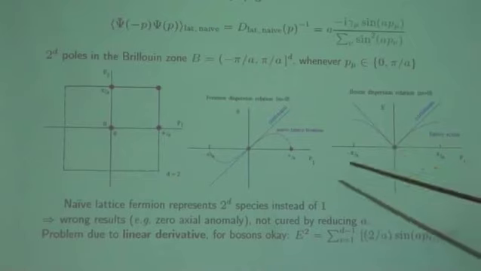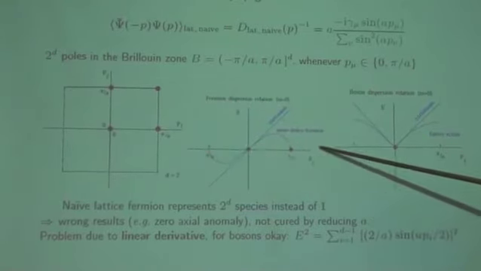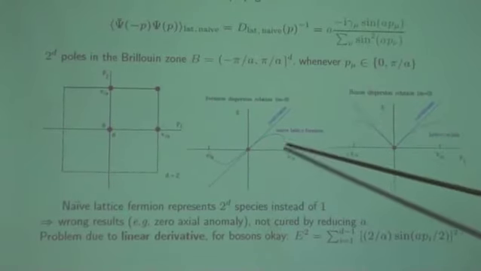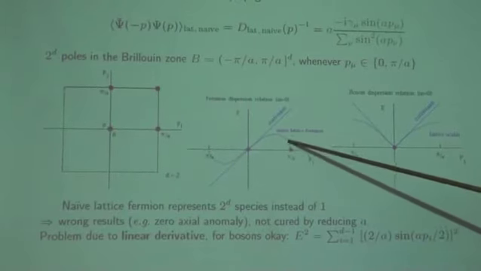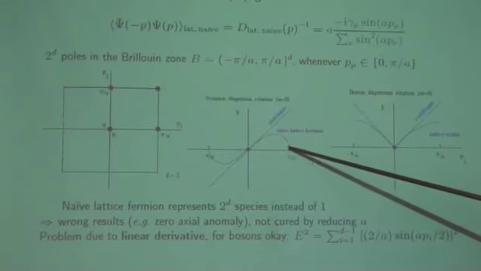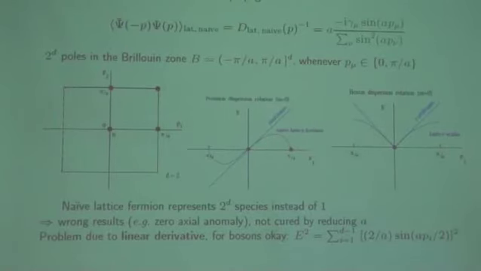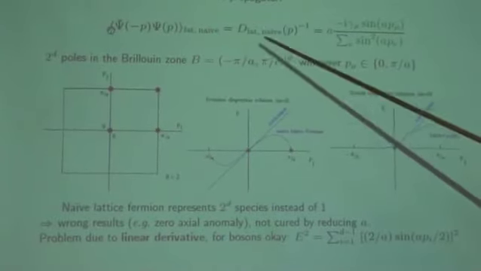We can show this if we take the energy as a function of one momentum component. In the continuum it would be like this. And on the lattice we need something 2 pi over a periodic, so this turns into this sine, and then we have here an extra 0 in D, which turns then into a pole in the inverse D here.